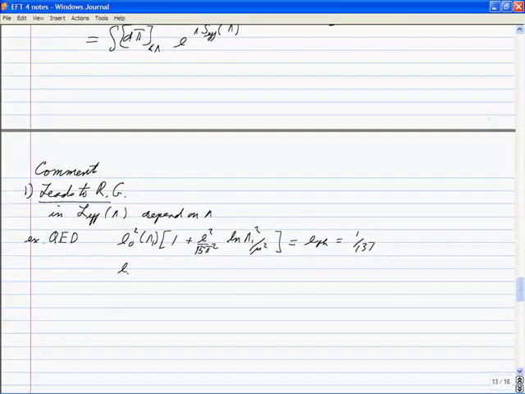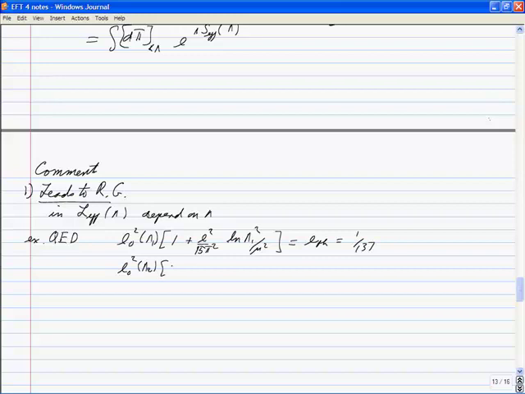and I did the vacuum polarization, it's e squared over, I forgot to copy the exact number, I think it's 15 pi squared, log lambda 1 squared over mu squared, is e physical, which is 1 over 137. But then if I change the scale, you'd have e 0 squared of lambda 2.